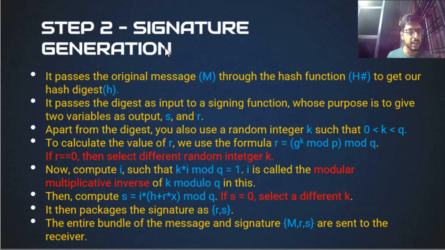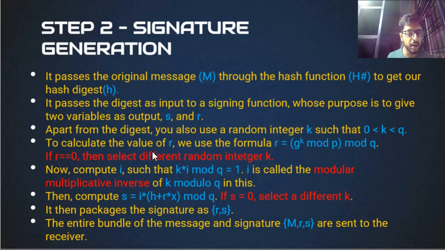Step 2 is signature generation. It passes the original message M through the hash function to get our hash digest. It passes the digest as input to a signing function whose purpose is to give two variables as output, S and R. Apart from the digest, we also use a random integer k such that k lies between 0 and prime number q.